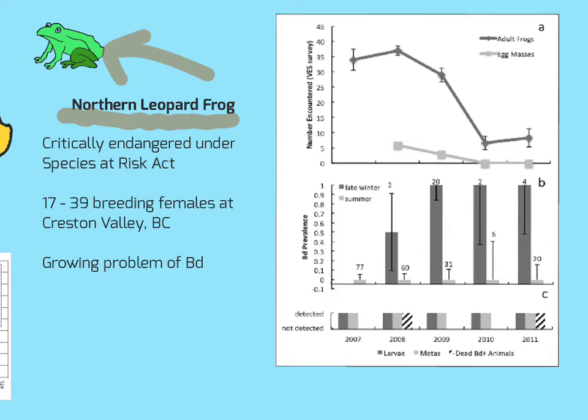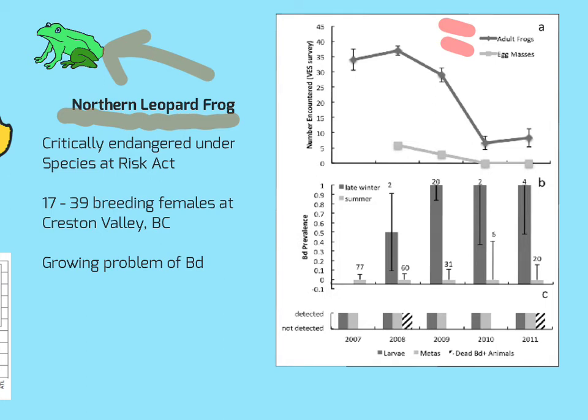What it's looking at is the total number of encountered northern leopard frogs over a period of time from 2007 to 2011. It's in graphical format, and we're looking at the adult frogs and the egg masses, so two different metrics.